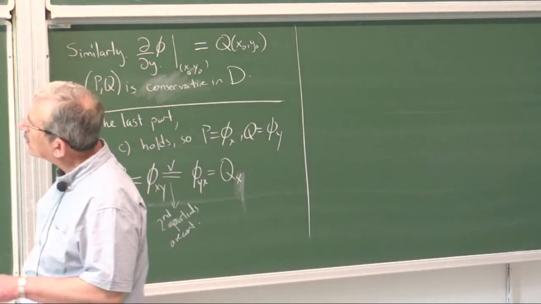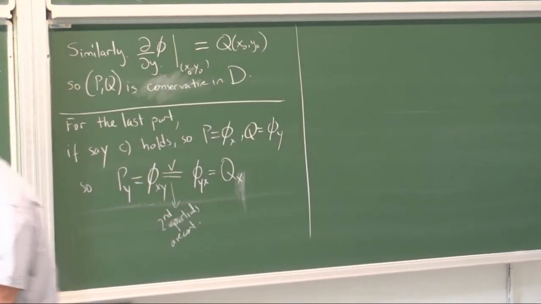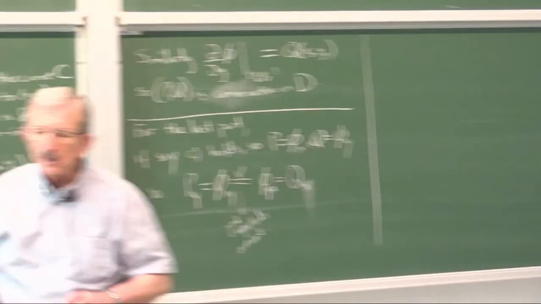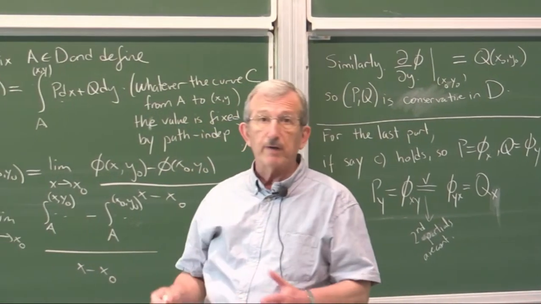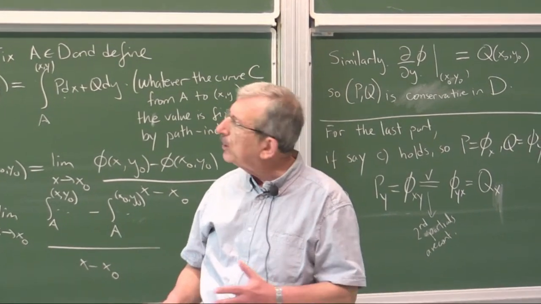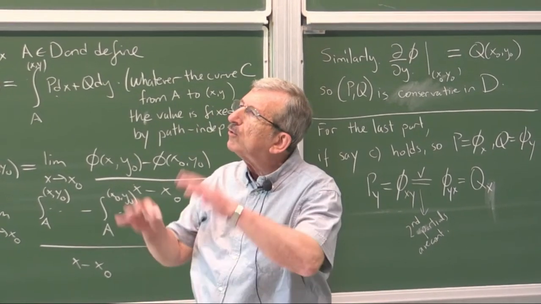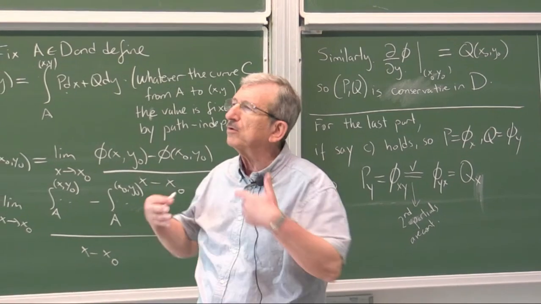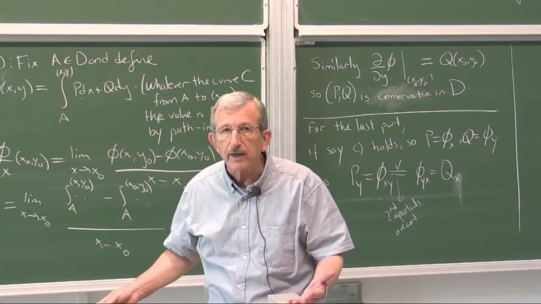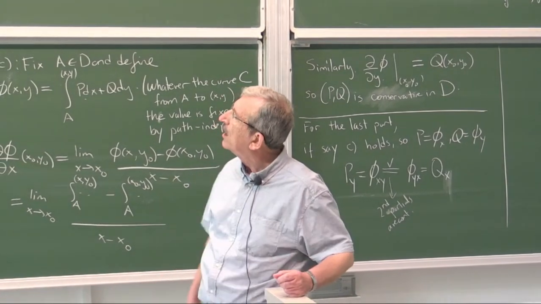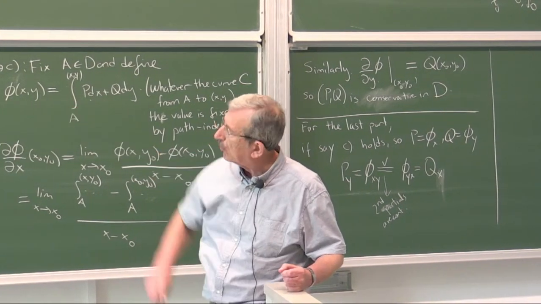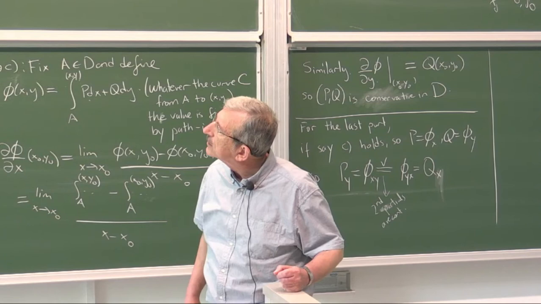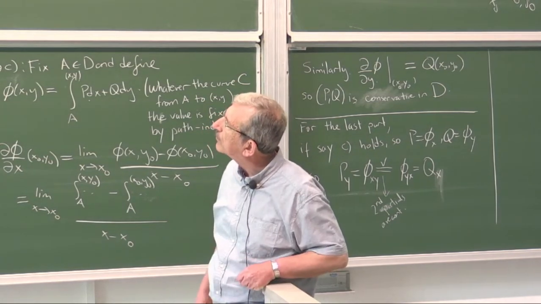Well, what does this theorem tell us, actually? It tells us that if we know that we have an exact differential, then we know a lot of things. For example, on closed curves, the integral is automatically 0. We don't have to calculate that. And we don't have to find the potential because they're all equivalent according to this theorem that we proved.